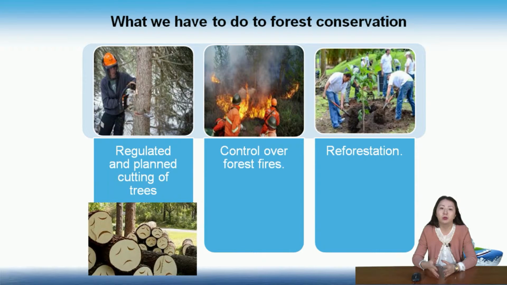What must we do for forest conservation? First of all, we must do regulated and planned cutting of trees. Second, we must do control of forest fires. And third, we must do reforestation.